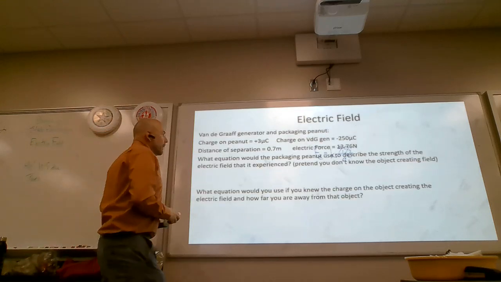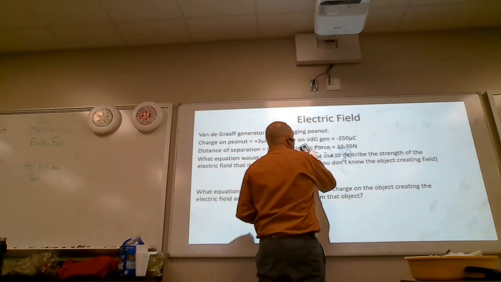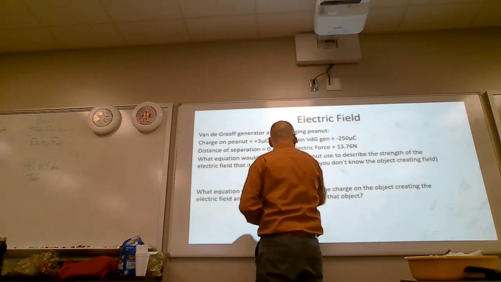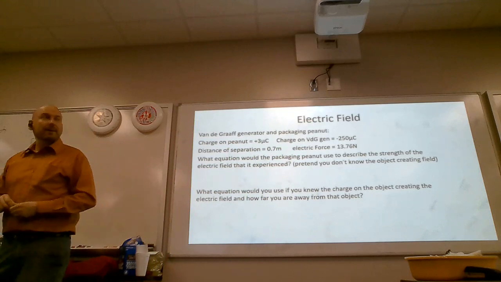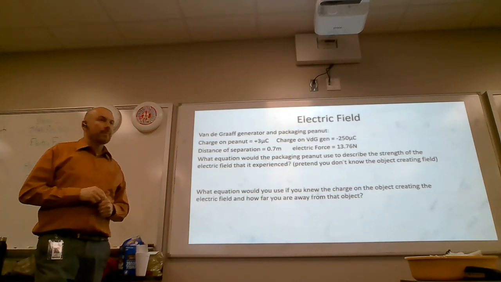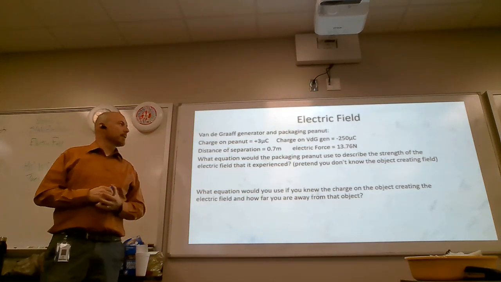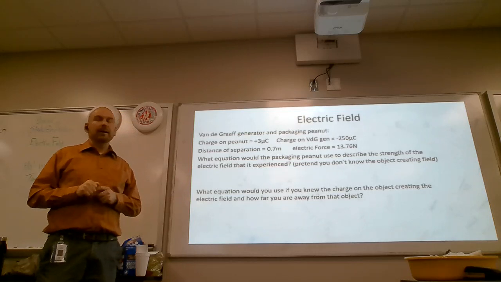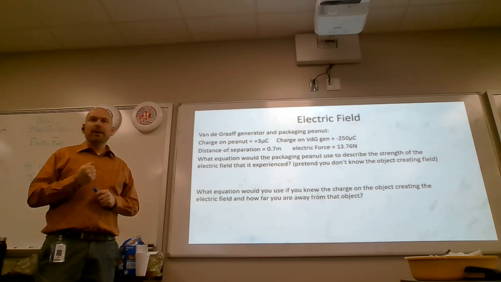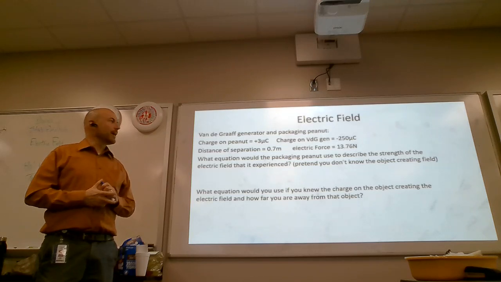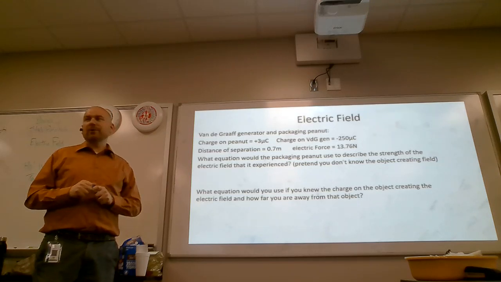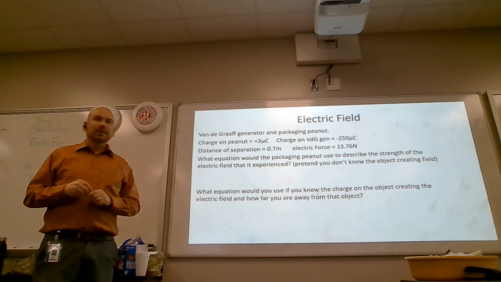Okay, so looking at the example with the peanut and the Van de Graaff generator, put some numbers to it. Let's say the peanut had a charge of positive 3 microcoulombs and the Van de Graaff generator had negative 250 microcoulombs. Let's say that they were 77 meters apart and the peanut experienced a force of 13.76 newtons.